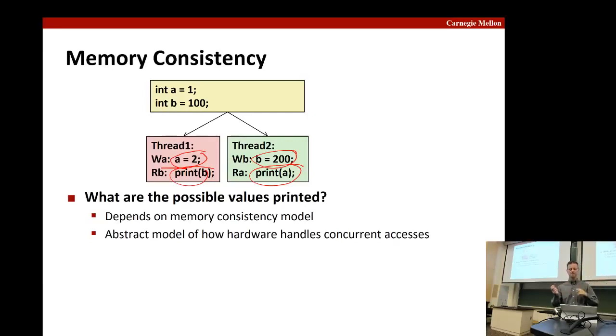You wouldn't know what to expect when you read something that someone else has written. To create some structure over this mess that people can reason about when they write programs, there are memory consistency models. It's an abstract model of how the hardware handles concurrent access. You can think of it as the contract, the API, between software and hardware. If the software is written assuming this memory consistency model, the hardware is guaranteed to support that.